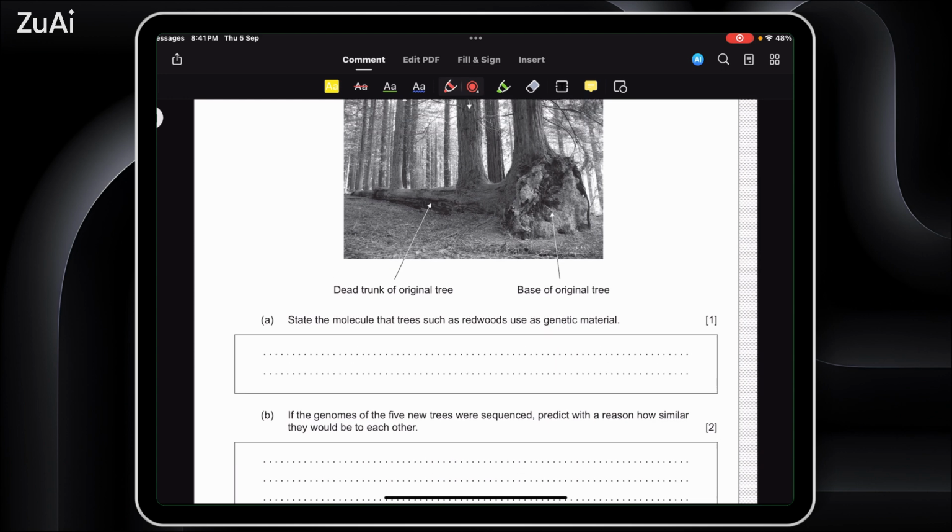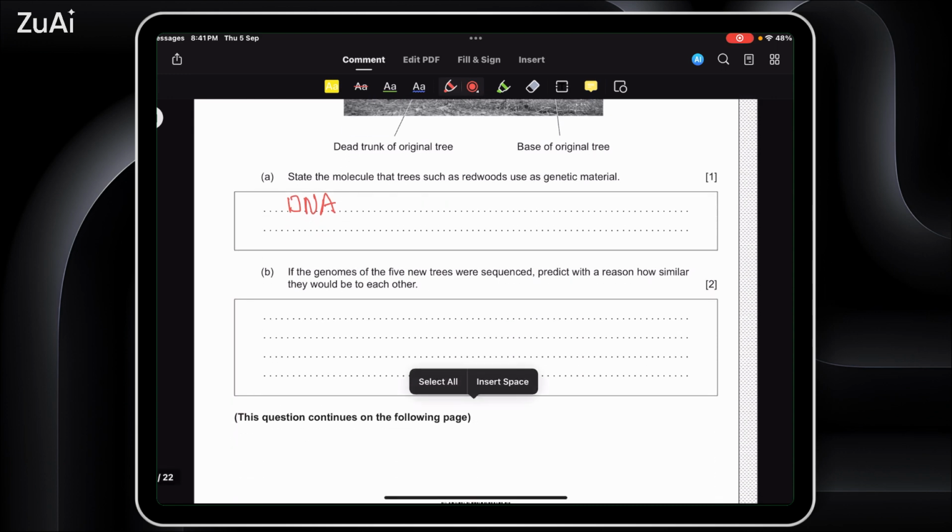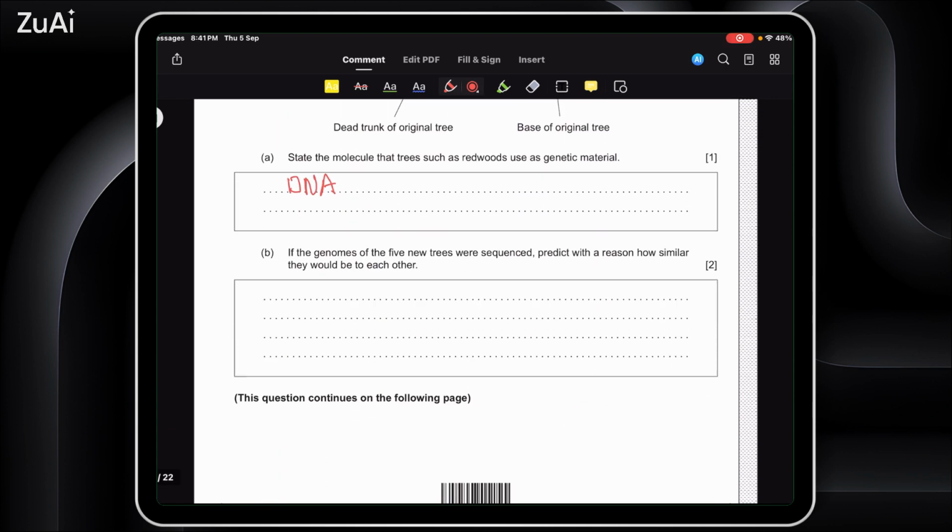Okay, state the molecule that trees such as redwood use as a genetic material. So that is very easy. They use DNA. Okay, if the genome of the 5 new trees were sequenced, predict with a reason how similar they would be to each other.